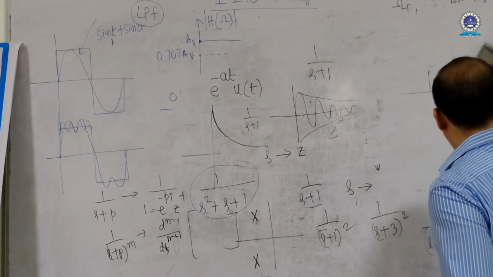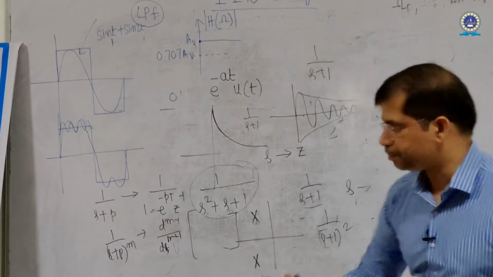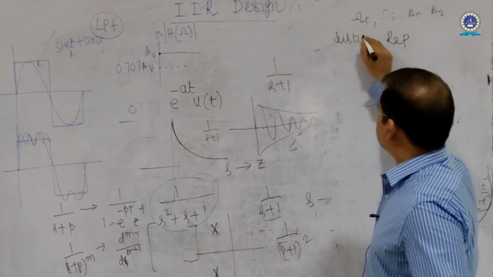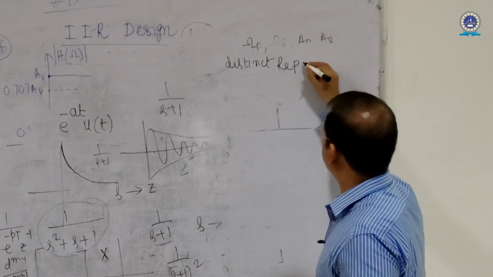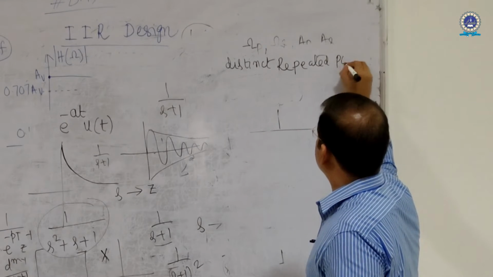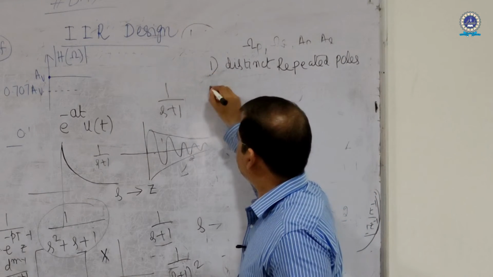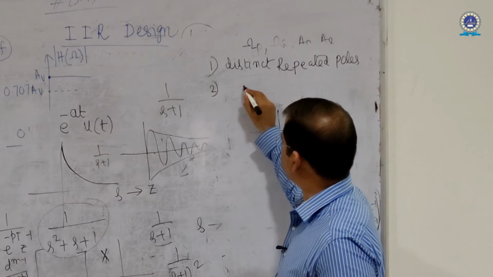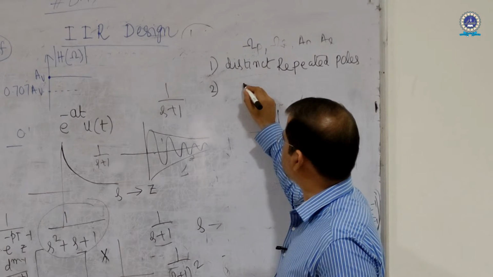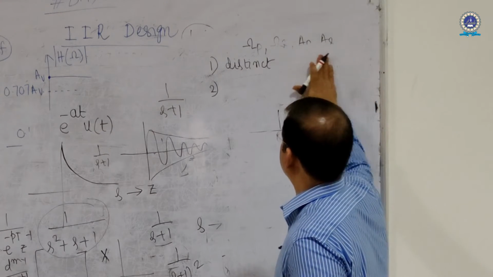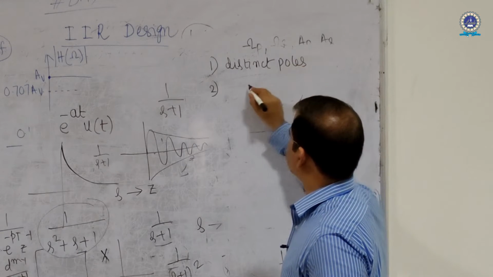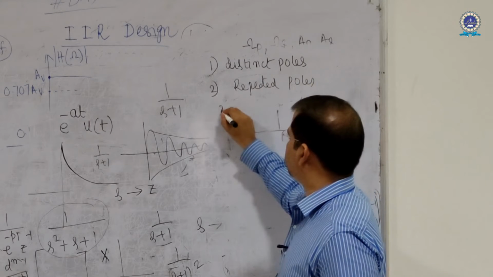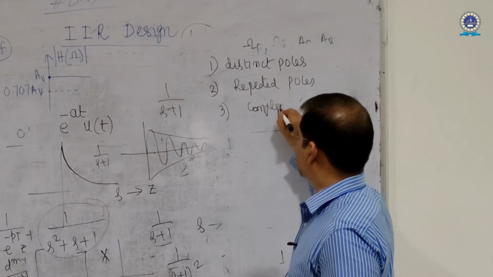So therefore, for different values, how many types of systems may we have? I have distinct poles, that means poles that are not repeated. Let us take distinct poles first, and then repeated poles, then complex poles, right?